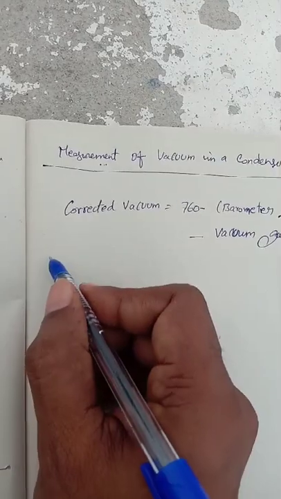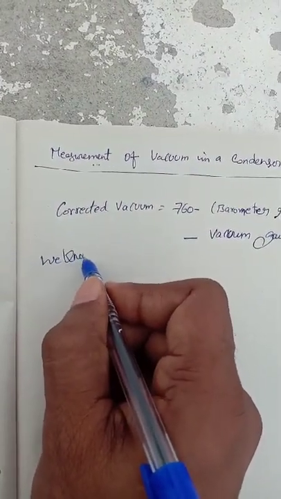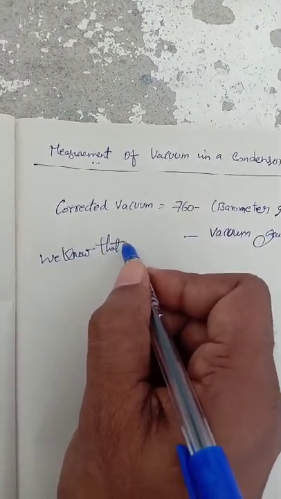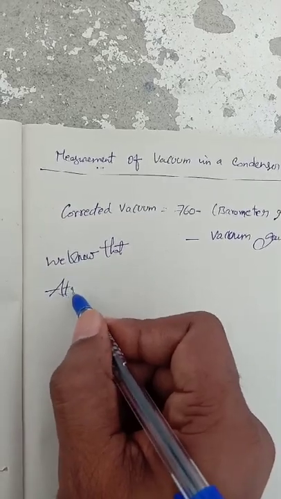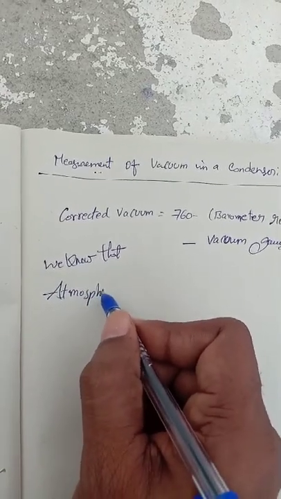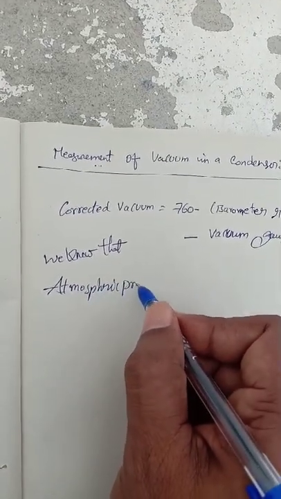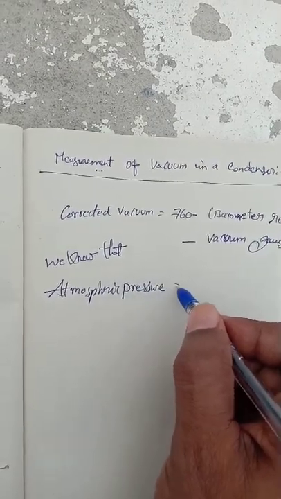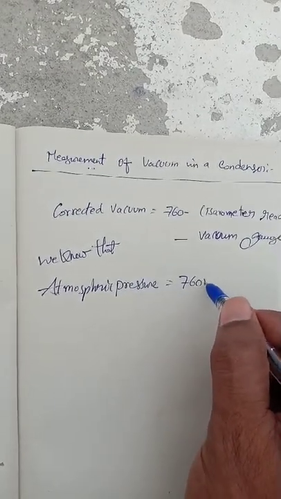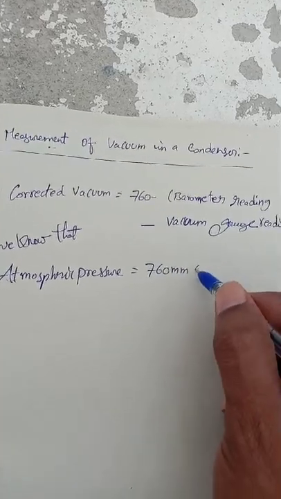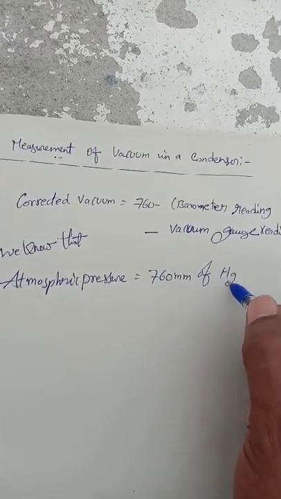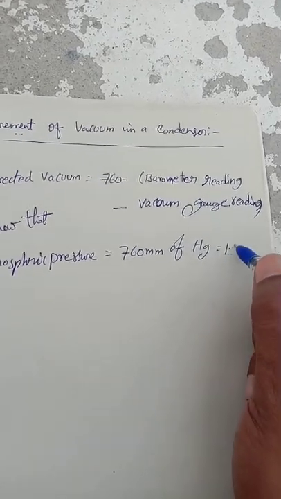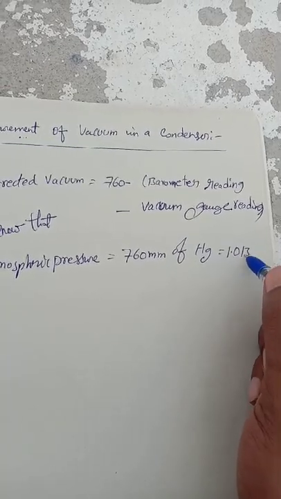We know that atmospheric pressure is equal to 760 mm of Hg, which is equal to 1.013 bar.